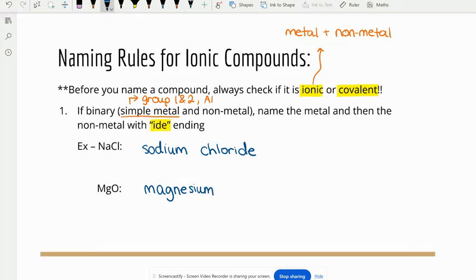O is in the non-metals. It's oxygen. So we're going to change to the "-ide" ending. And it actually becomes oxide, not oxygenide or oxygide. It's just oxide. You have to do a bit of practice to figure out what the ending will be.